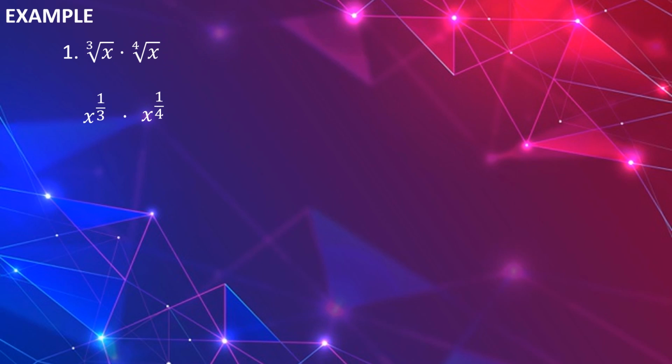In here, we will now apply the product rule. So we copy the base, which is x, then we're going to add the exponents, which are 1/3 and 1/4. The LCD of 1/3 and 1/4 is 12.